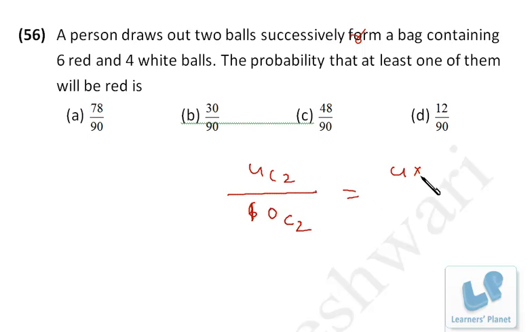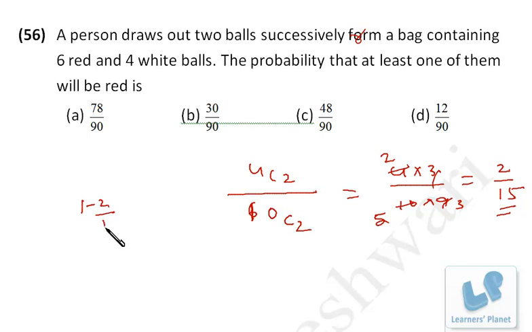So that's 4 into 3 by 10 into 9, so it's 2 by 15, right? So 2 by 15 is the probability that none of the balls is red, right? So if we deduct it from 1, then in the remaining cases at least one ball will be red, right? So that's 13 by 15. So that's 13 into 6 by 15 into 6, that's 78 by 90, right?